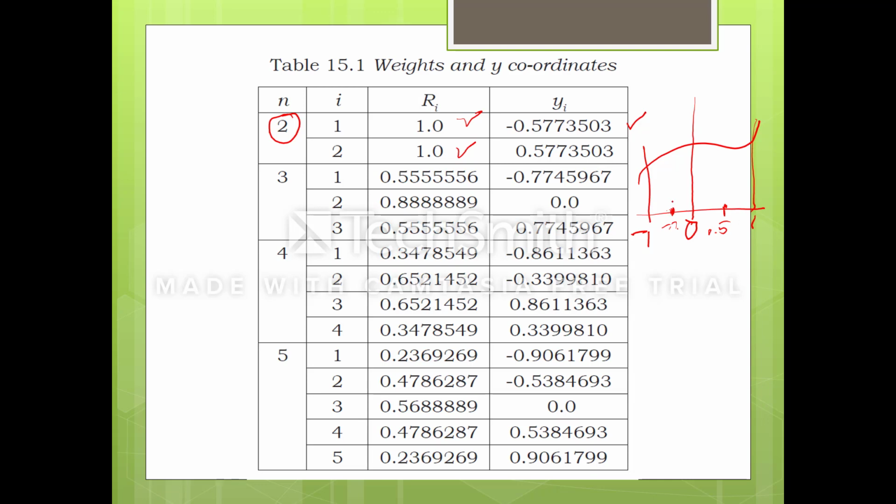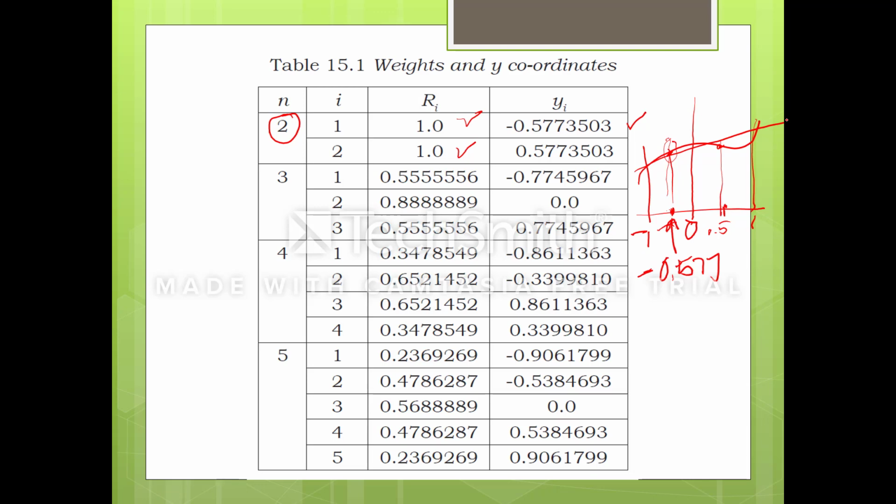These 2 points are introduced, and the value of the function at these points is computed. These are the values of f(yi). This is the value of yi, that is minus 0.577. And the corresponding value of f(yi) we can compute, and that is part of the curve. In this approximation, this curve will be a straight line, since we are taking n equal to 2.